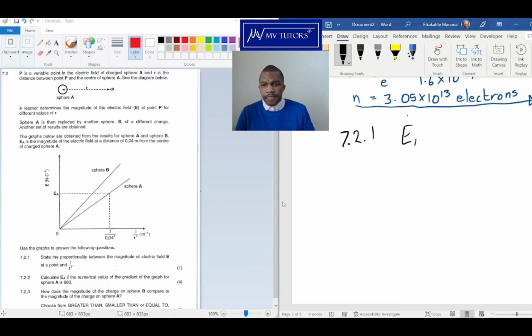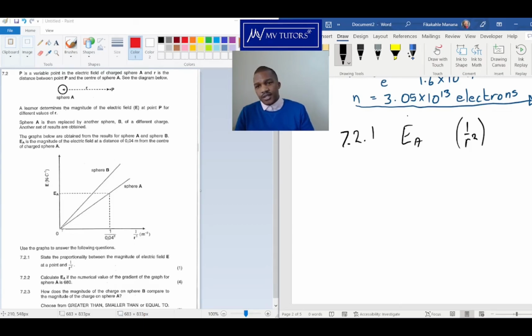So they want us to state the proportionality between E_A, or just E, doesn't have to be A, and 1 over r squared. They want us to state the proportionality between these two. But here's the tricky part. You must take this as one thing. Okay, 1 over r squared is one unit, it's one entity.